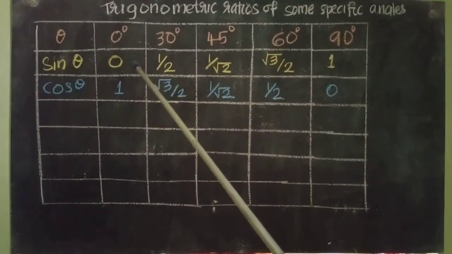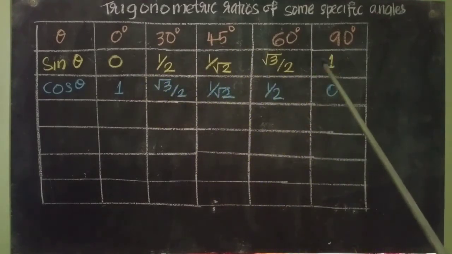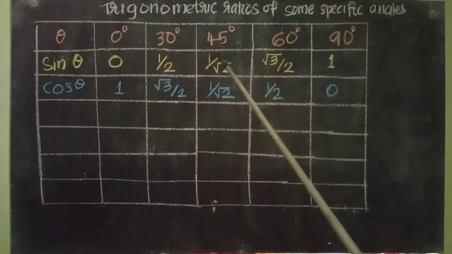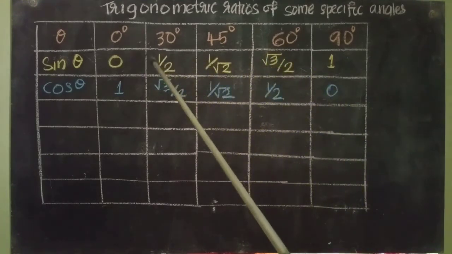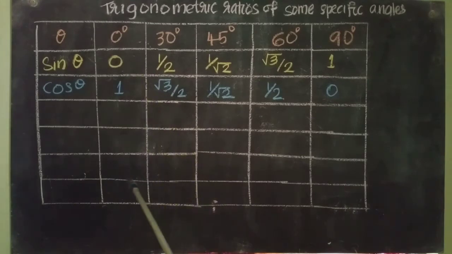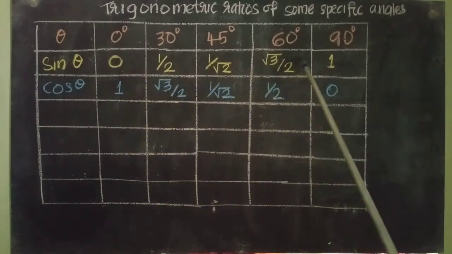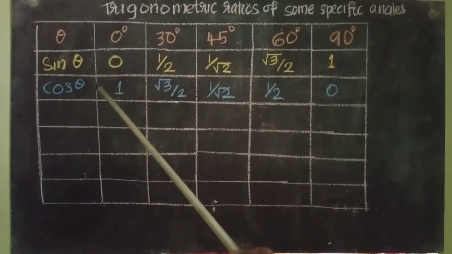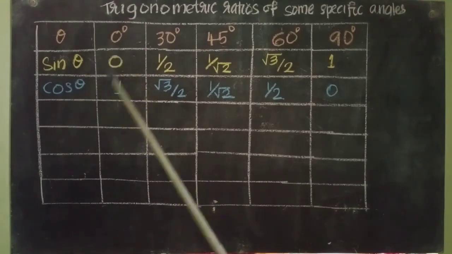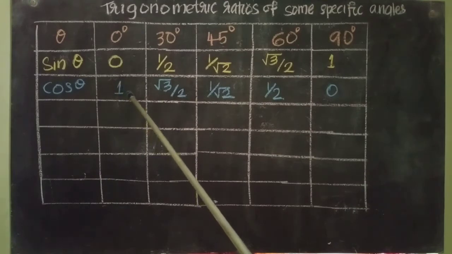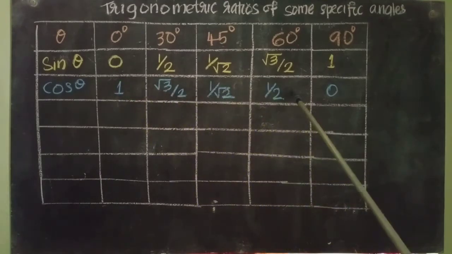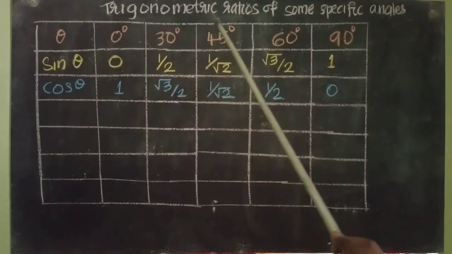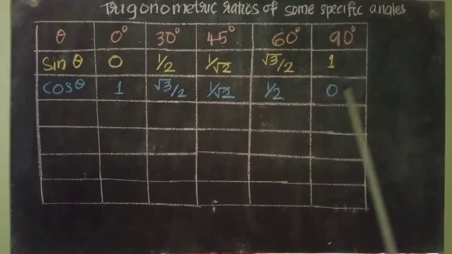That means it is starting from 1, then root 3 by 2, then 1 by root 2, then 1 by 2 and then 0. So the reverse order of sin theta is cos theta's order. So the value of cos theta is decreasing as theta is increasing.